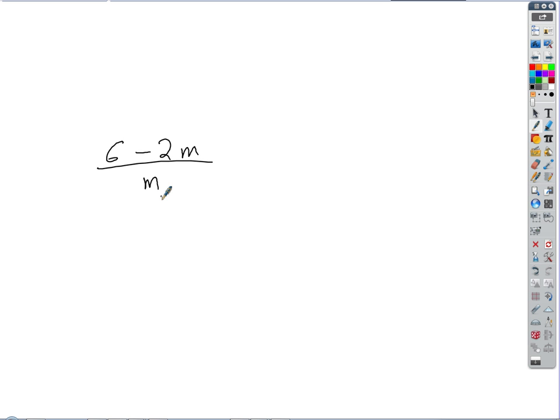It's in a term, right? Now I could do this. If I had 6m minus 2m, then I could write that as m times 6 minus 2, which I could really just make a 4, couldn't I? And now I could cancel it because the m is being multiplied on the top by everything, right? Okay, does that make sense?